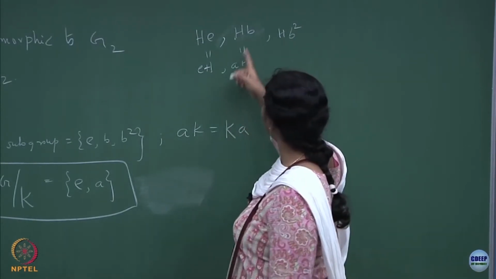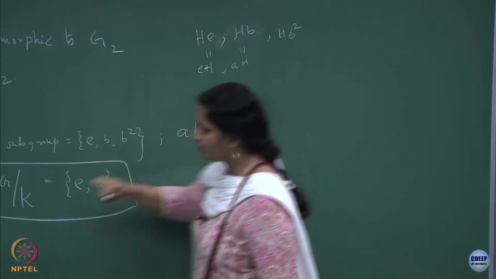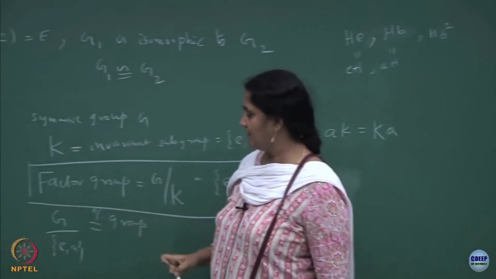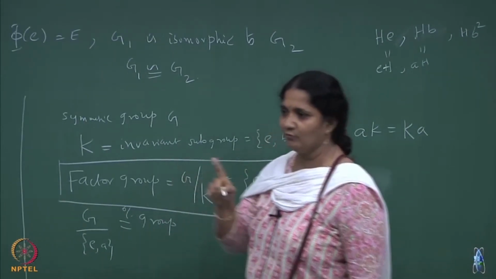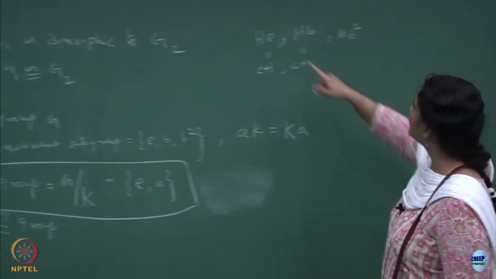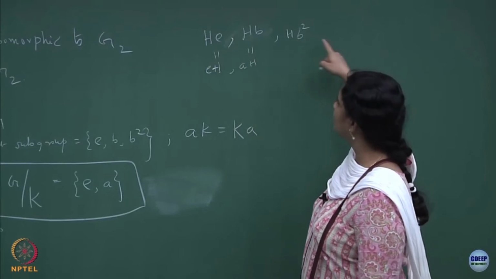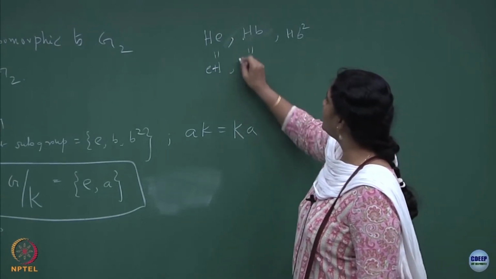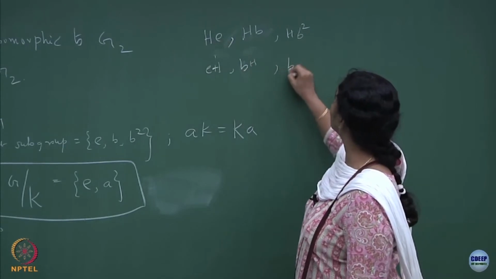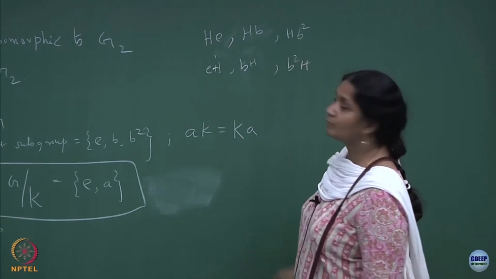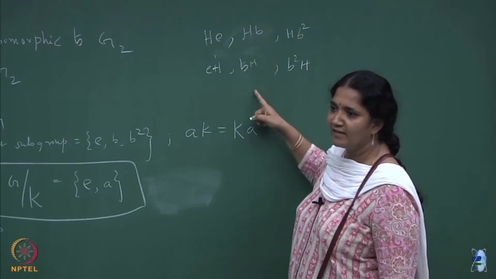If the left coset and right coset are the same, then we can use this property is what I am thinking, but maybe you will have a proof for an order 2 group. Thank you. What I wrote is not right. H itself is EA, so you have to multiply on the right or on the left. So this is not clear now. So this is what you will get as left coset and right coset.